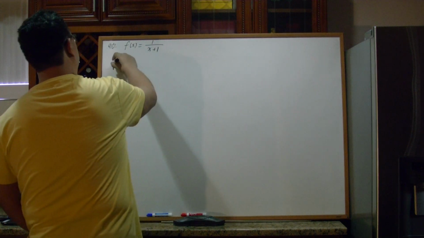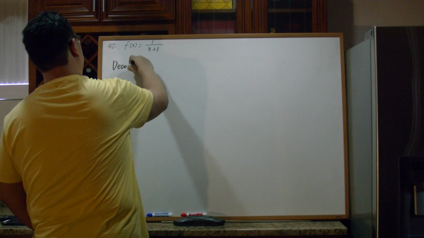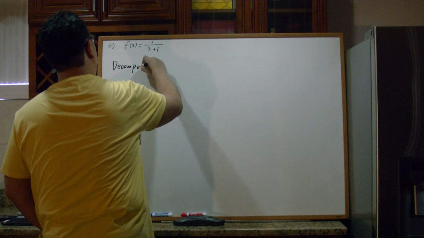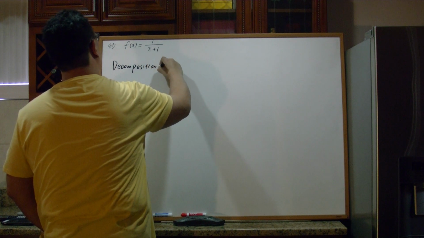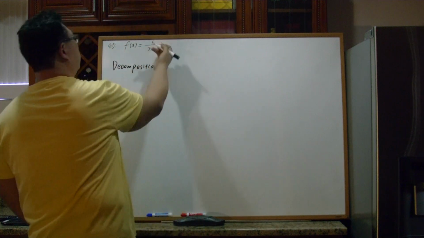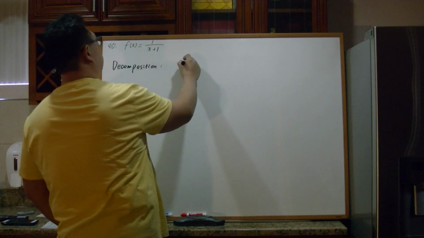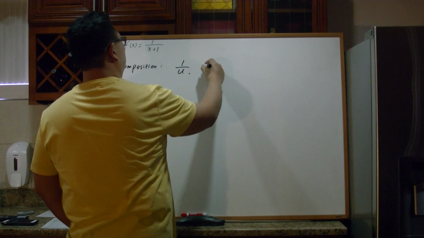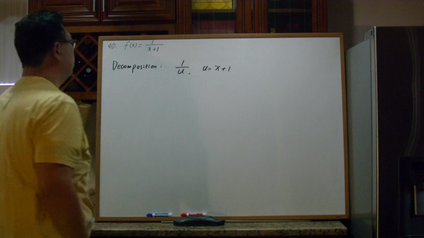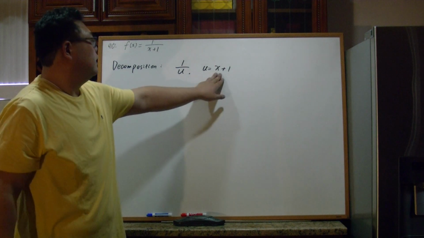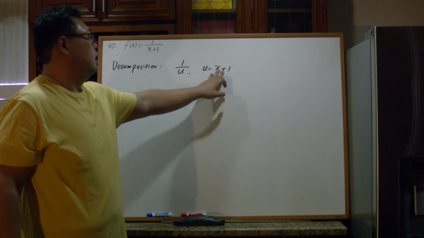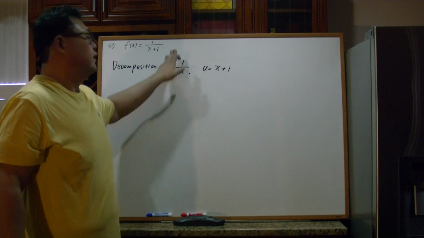To decompose it, what we get is a rational function, 1 over u, and u is x plus 1. So u is composed into our fraction here.